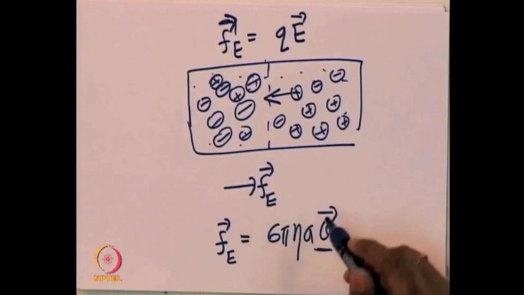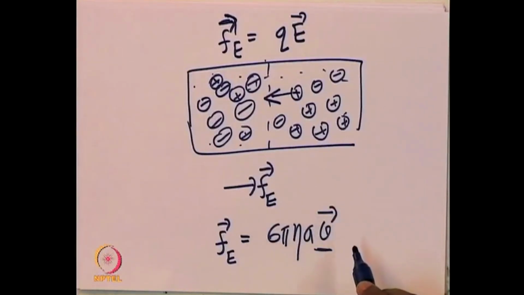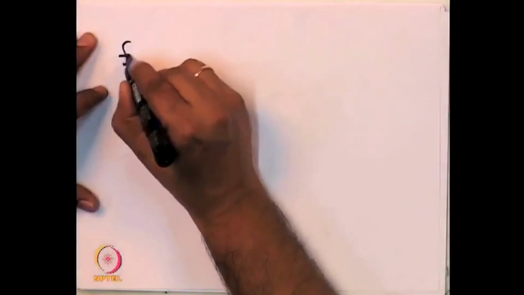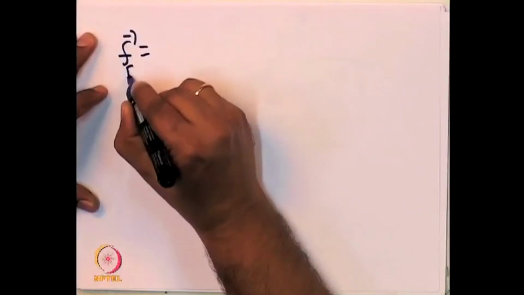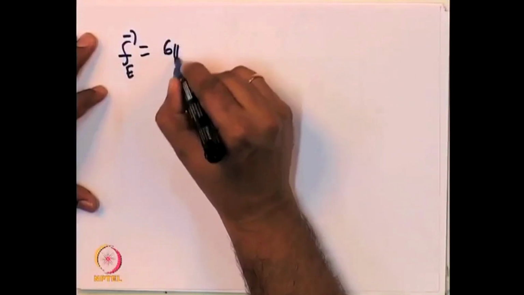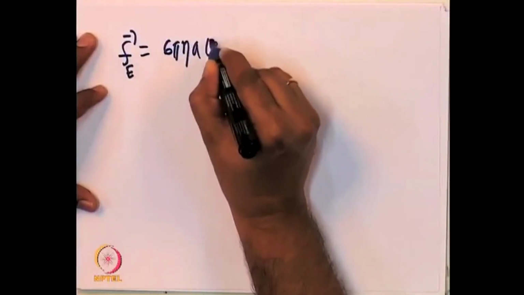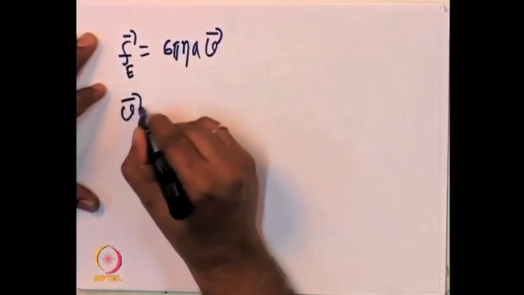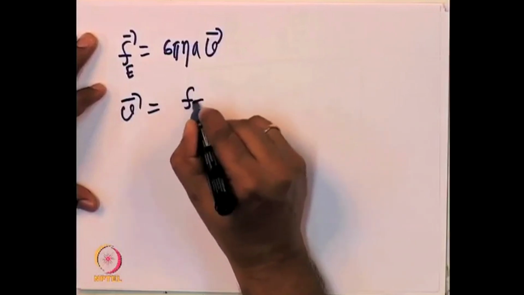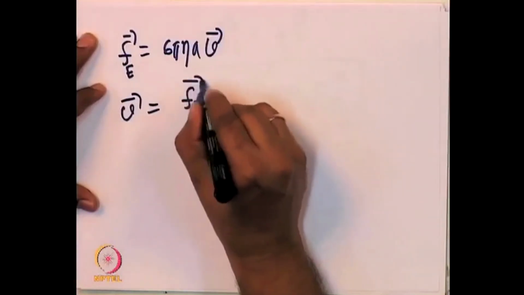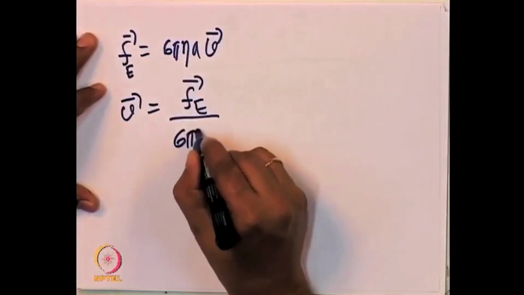So, we know the velocity of the flow. We know that the electrostatic force F e will be equal to 6 pi eta a v. That means v is F e divided by 6 pi eta a.